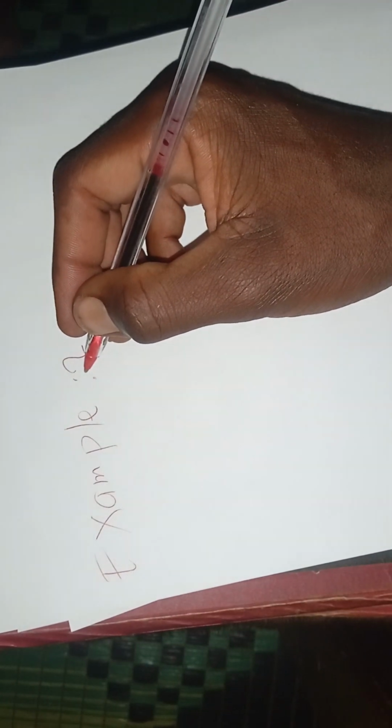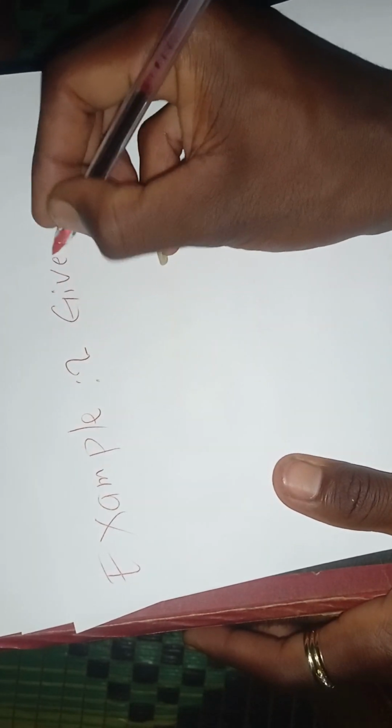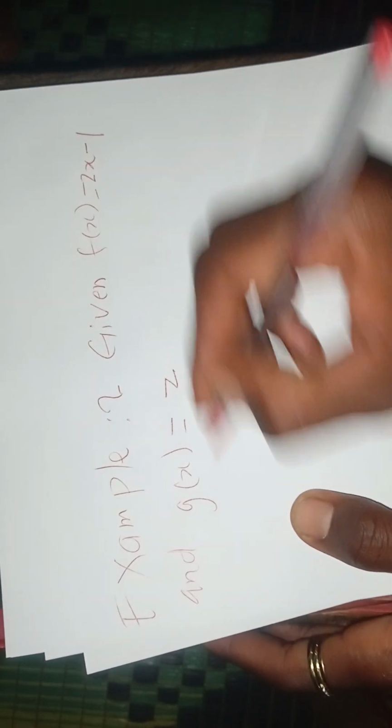We'll also find something like this. Given f of x is equal to 2x minus 1, and g of x is equal to z.